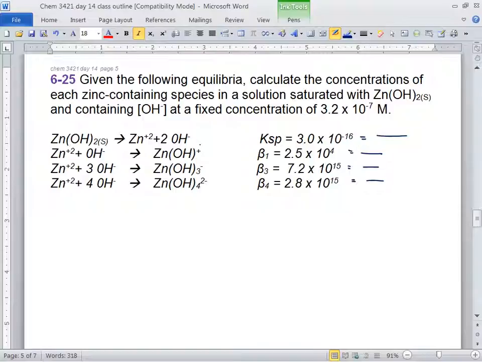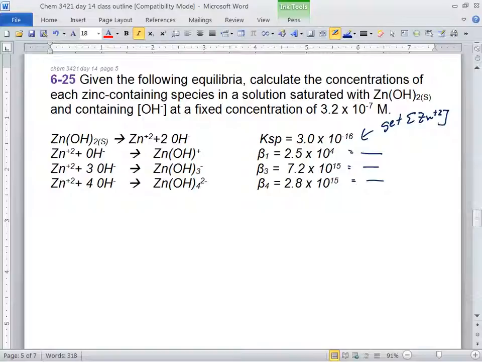But you know the KSP, right, KSP is going to be zinc times hydroxide squared, right? You agree, right? So we'll write it out. I'm just trying to see if you can picture the big picture. Can you see that, what she's saying? Just by writing this one, you can get the zinc.